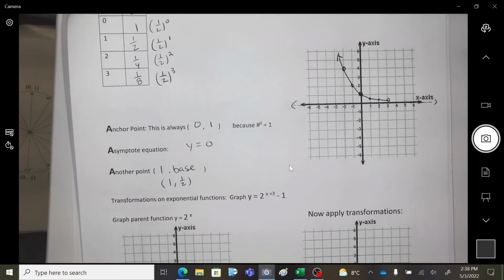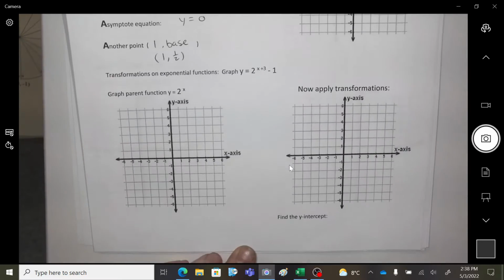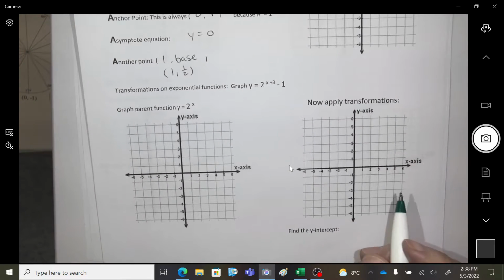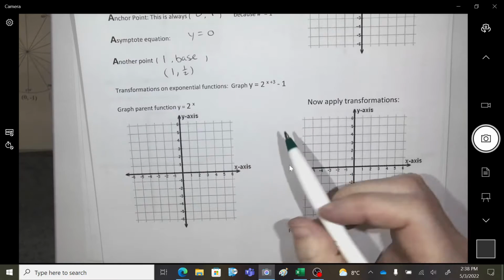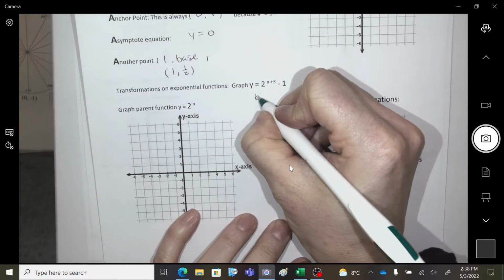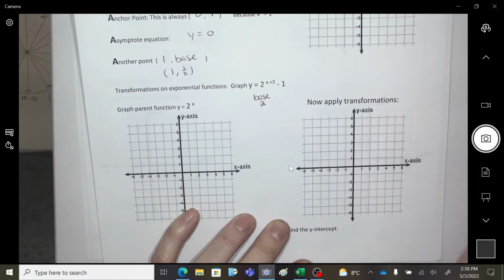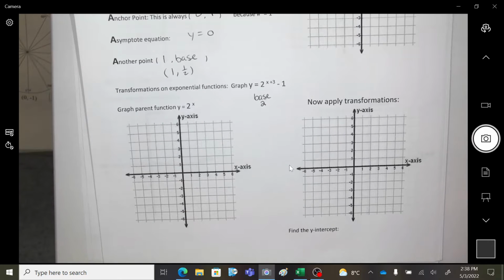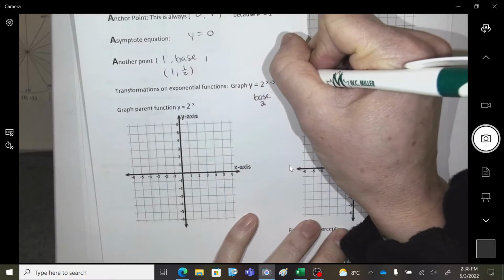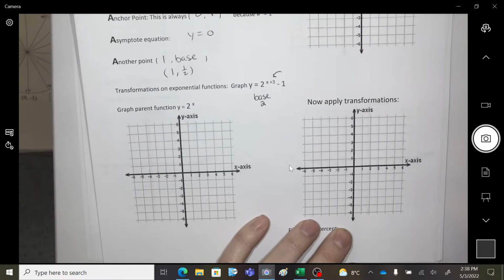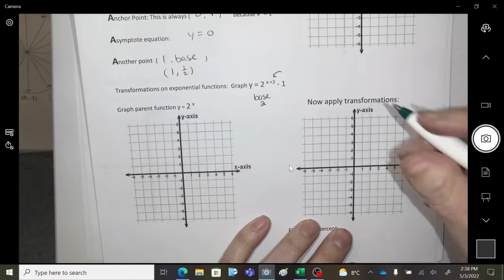Okay, let's graph this one. Here I know my base is 2. That's a base. That's not an A. That's a base. Which A, B, C, D letter is that 3?